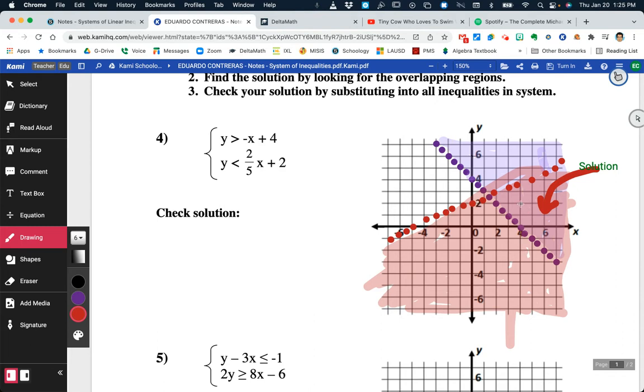So I'm just going to pick a point within that region. Say I pick the point 5, 1. I'm going to use it to check.